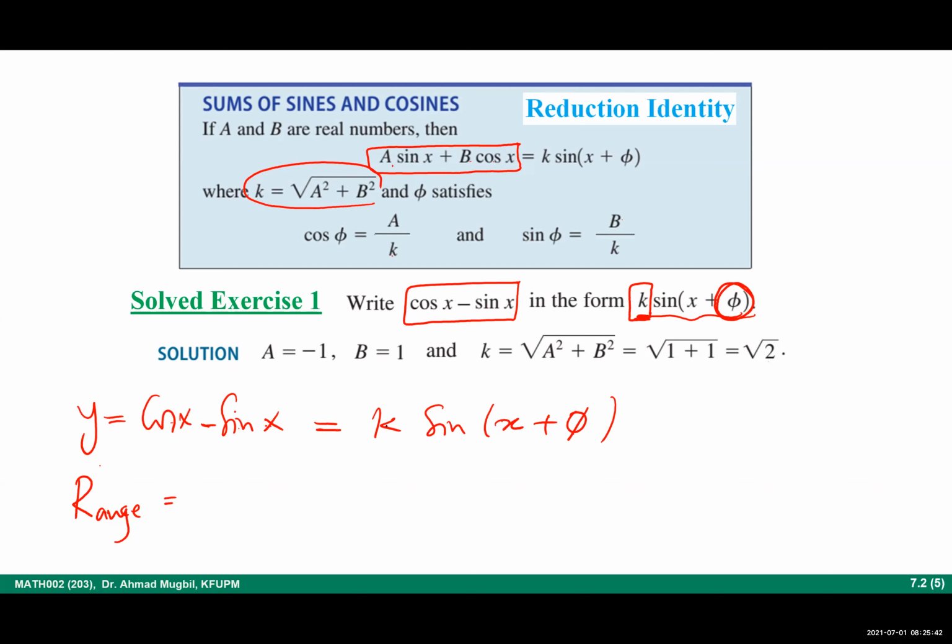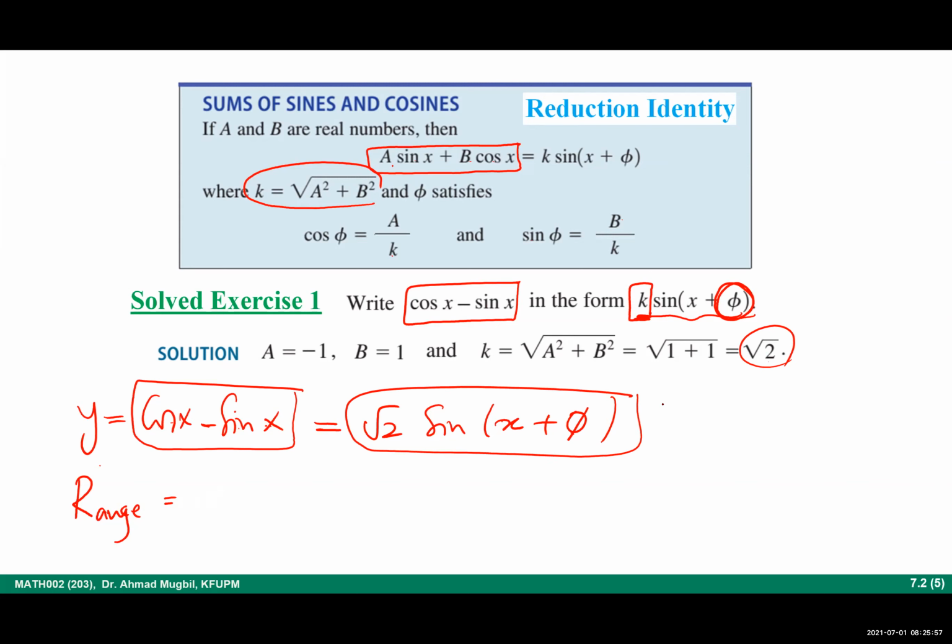Now, I did find K. This is K. So whatever phi is, it will not change the range. So what will be the range? What is the range of this function? It will be the same as the range of this function. What is the amplitude? The amplitude is square root of 2, the absolute value of square root of 2.